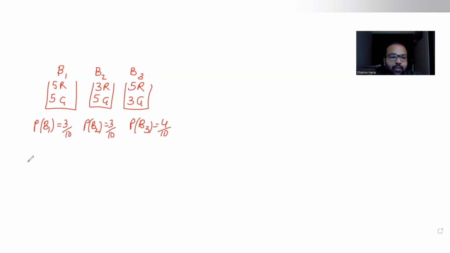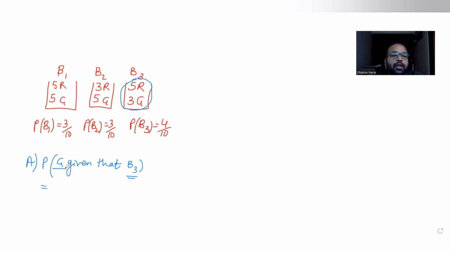Let's check it. So if I write the first option, we have to find the probability of a green ball given that B3 is already selected. So when B3 was already selected, now if you see in bag B3, there are total 8 balls, and out of those 8 balls, how many of them are green? 3 of them are green.